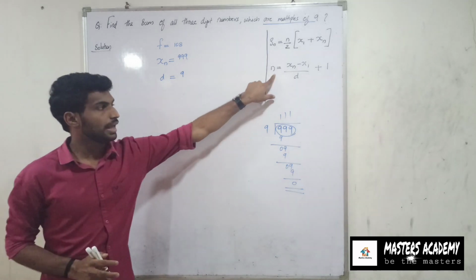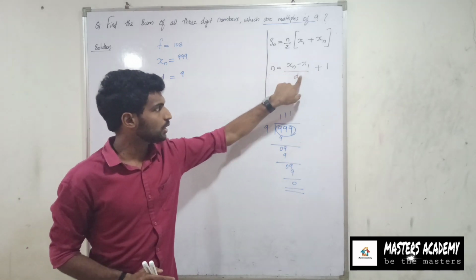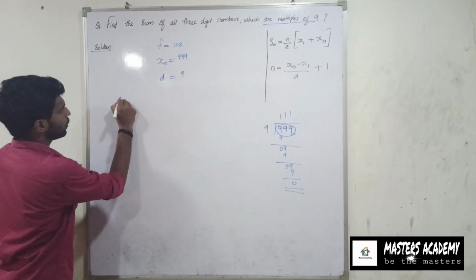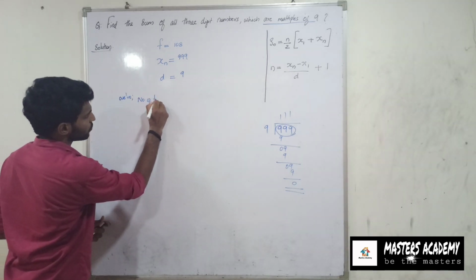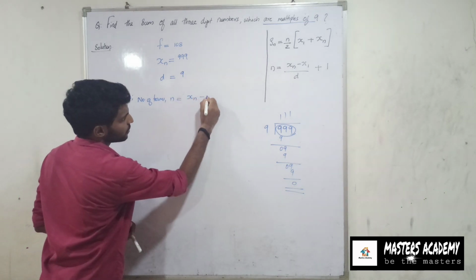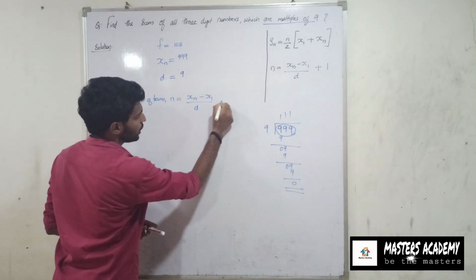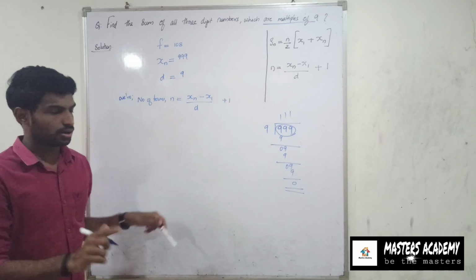Now we can find out n. In order to find n, we want xn, x1 as well as d. So we have the number of terms n equal to (xn minus x1) divided by d, plus 1. Always write the equations first. It carries 1 mark.